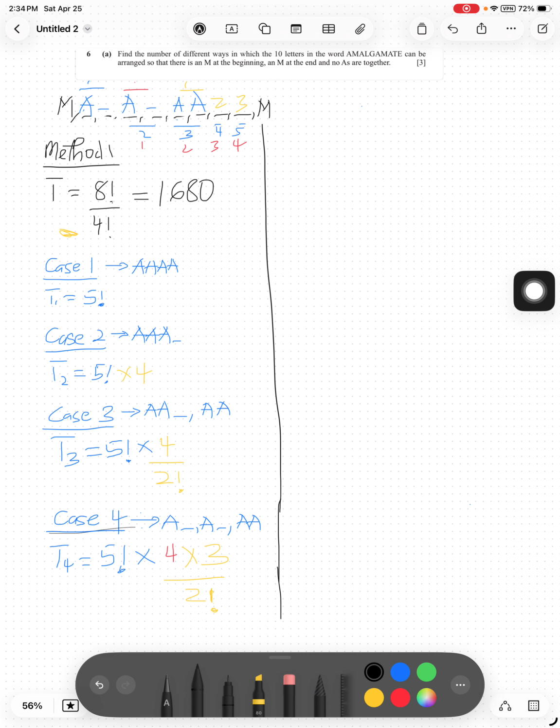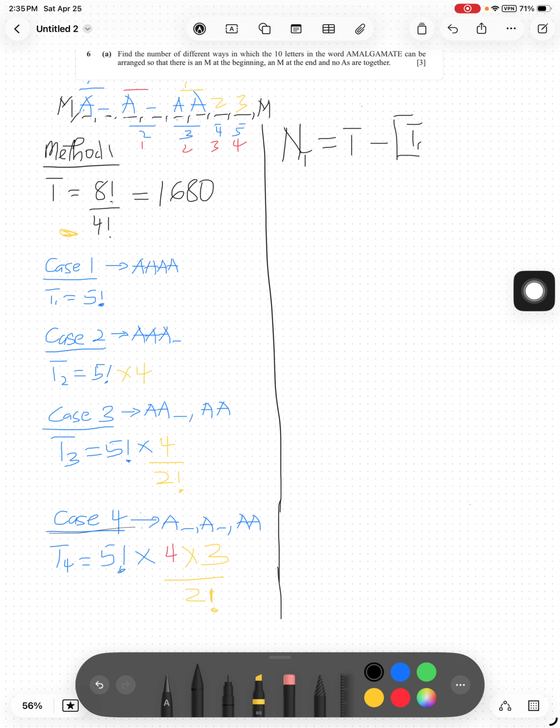So let's say the variable for what the question is asking for is nt, right? So nt, the total number of ways. So that will give us capital T minus, then we add the t's for the various cases.